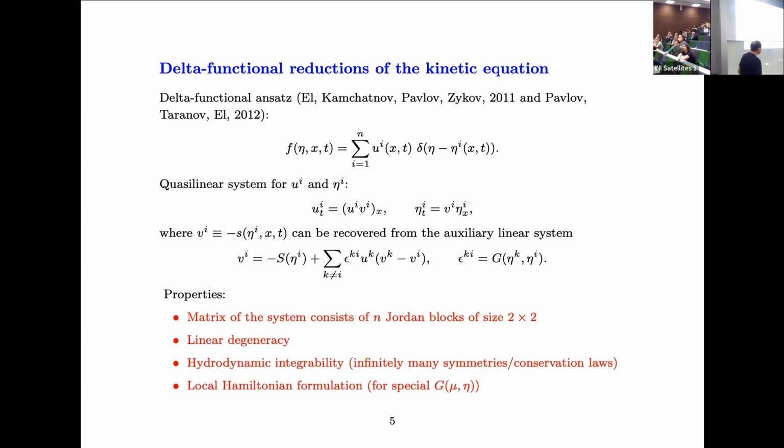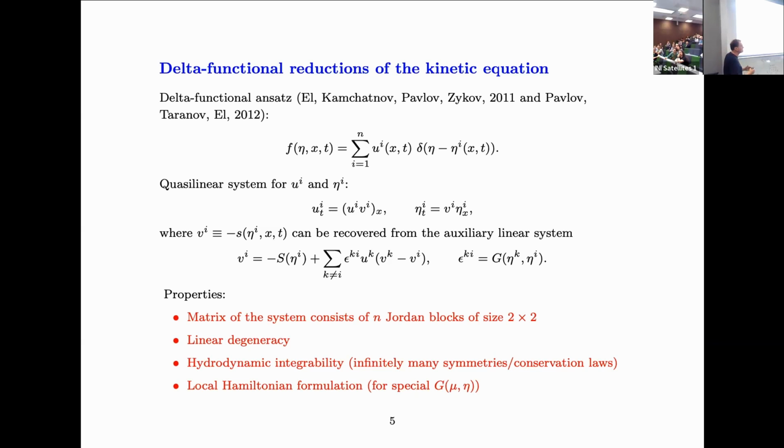Yeah, but this reduction happens in special coordinates, not in these coordinates u^i, eta^i. You need to change coordinates. Then the system becomes this. And now I will show you how to change coordinates. So, first of all, as I said, this quasi-linear system consists of n 2 by 2 Jordan blocks. It is linearly degenerate. I will define this later. It's hydrodynamically integrable.